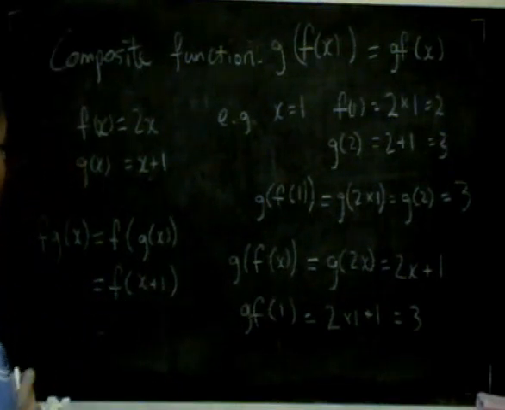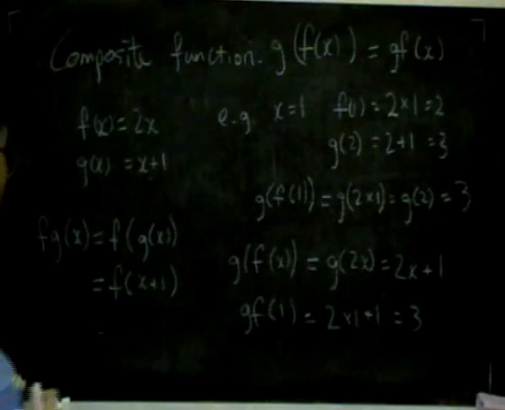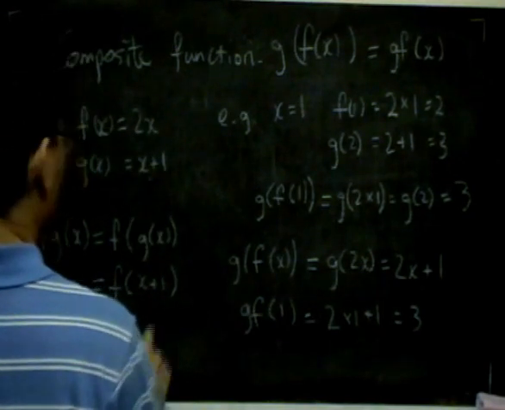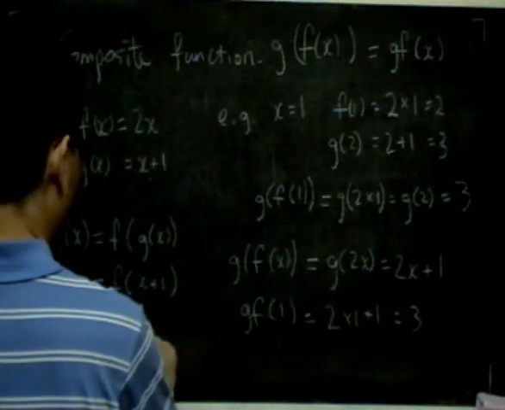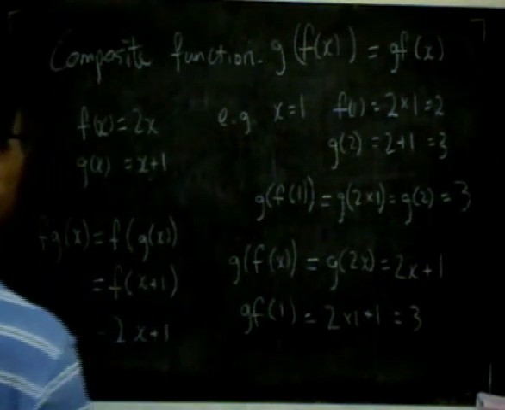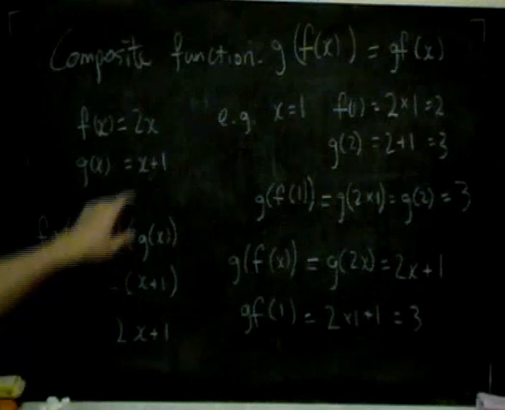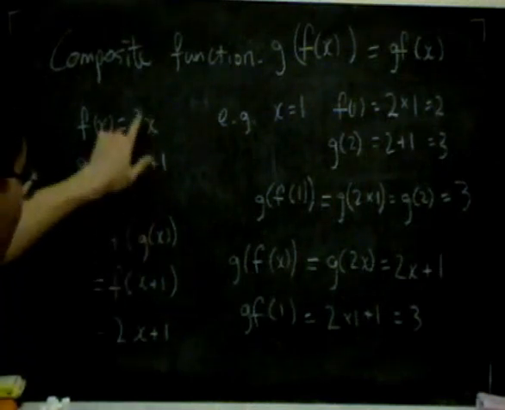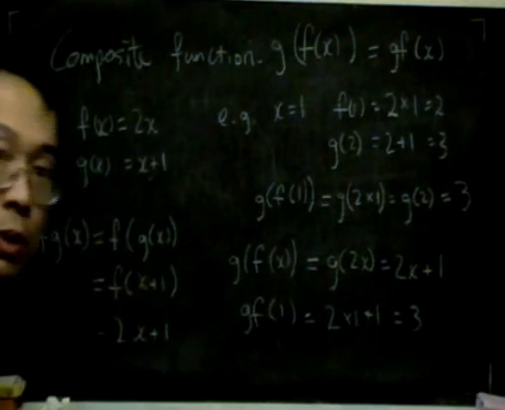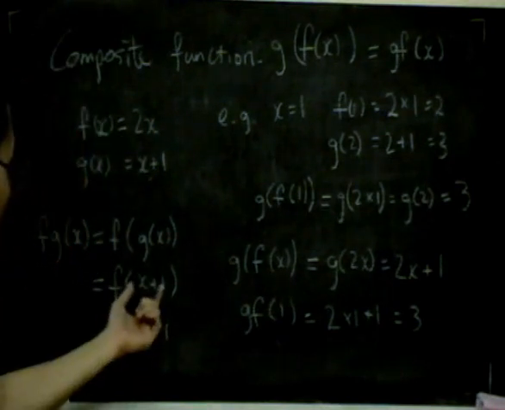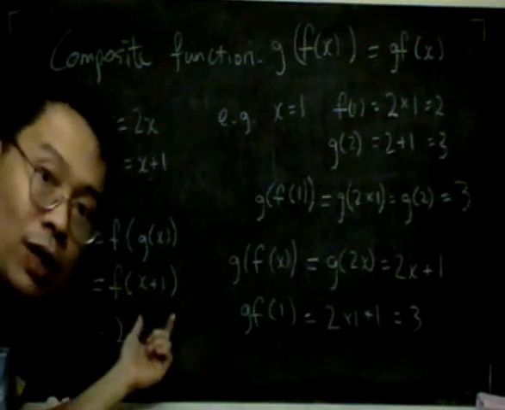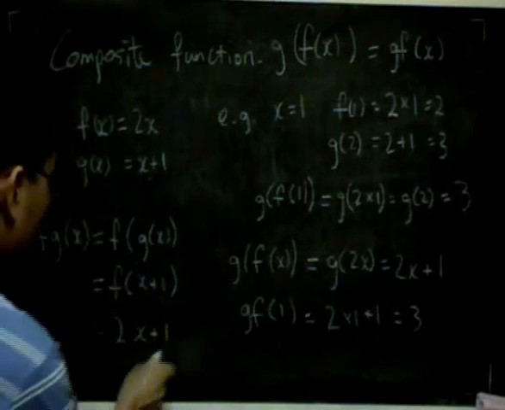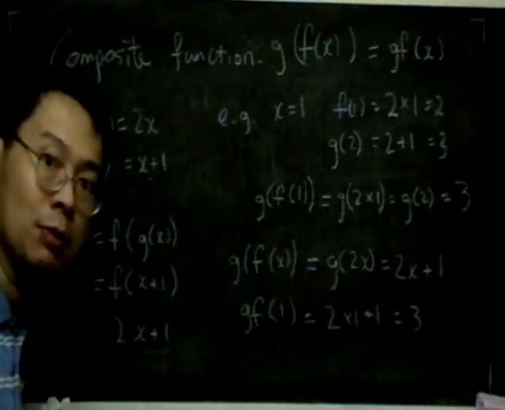Now we have to be careful when we do that. This is 2x. We must not simply replace the x by x plus 1 and have it look like that. The 2 is multiplied by this number, and that number is x plus 1. Meaning that if you actually know the value of x, you must calculate x plus 1 first before you multiply by the 2.